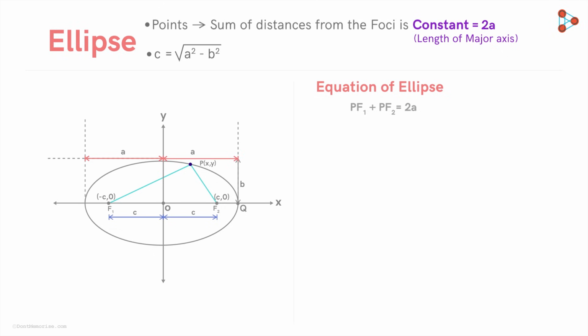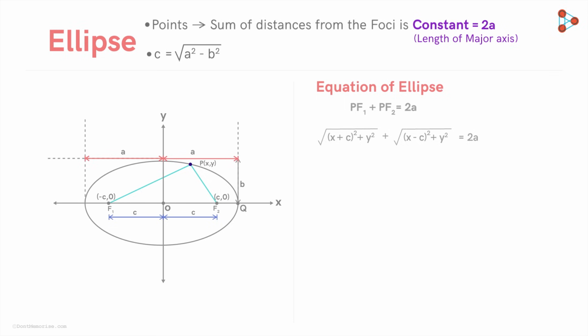So we know the coordinates of these 3 points. Therefore, we can use the distance formula to find these distances. The distance between P and F1 will be this, and the distance between P and F2 will be this. So we get this equation. If we simplify it, we will get the equation of the ellipse.